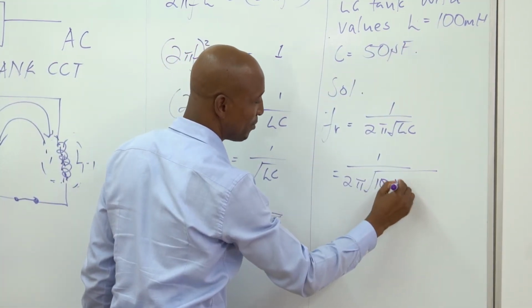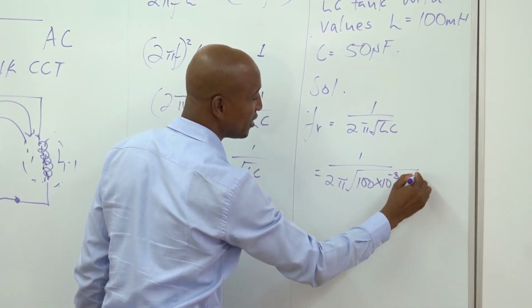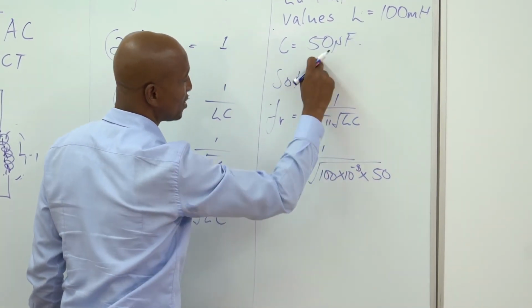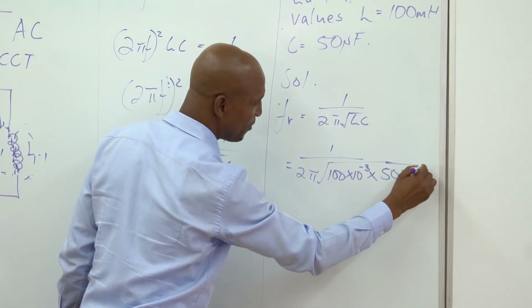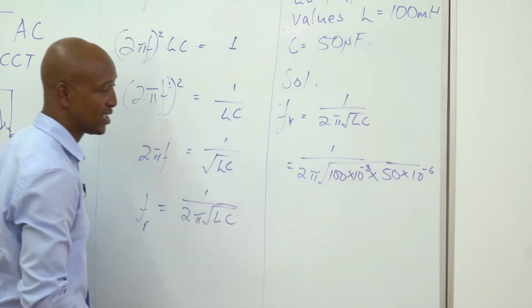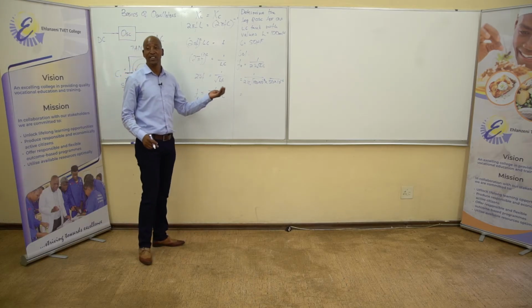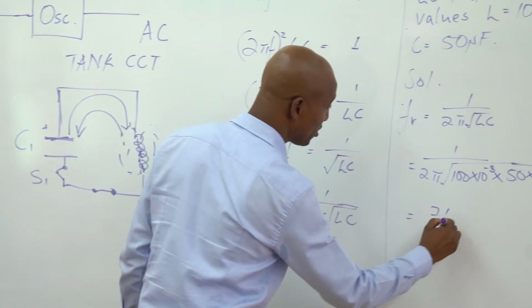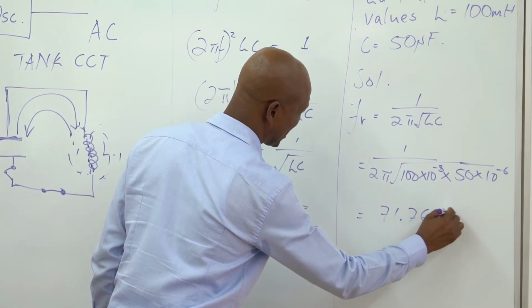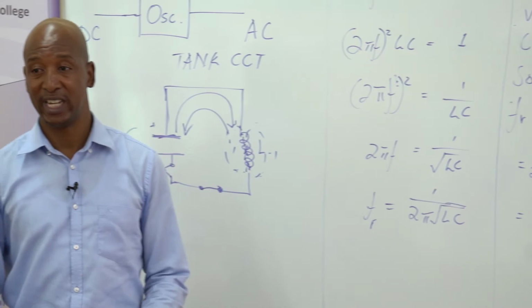So it's 100, remember, it's milli, 10 to the minus 3, multiplied by 50, which is our C, 50 microfarads, 50 times 10 to the minus 6, since it's in microfarads. If you were to punch your calculator, you will find that your frequency of oscillation is equal to 71.76 hertz. It's measured in hertz, which is our standard unit.